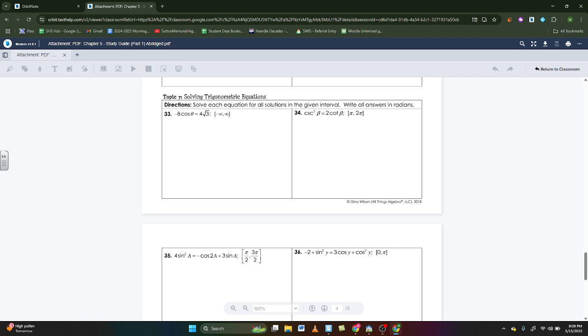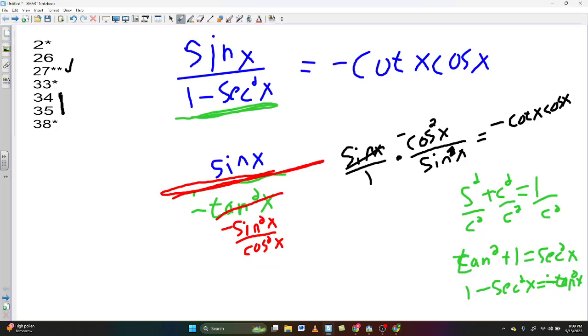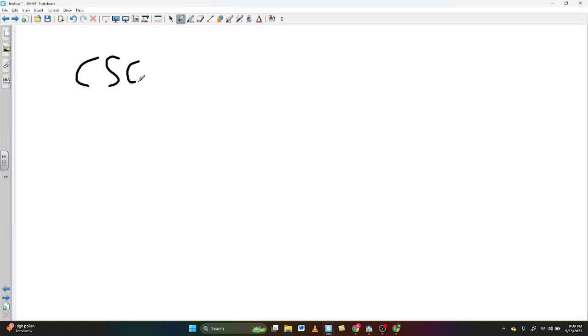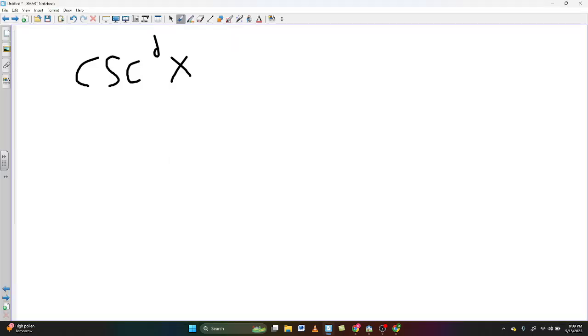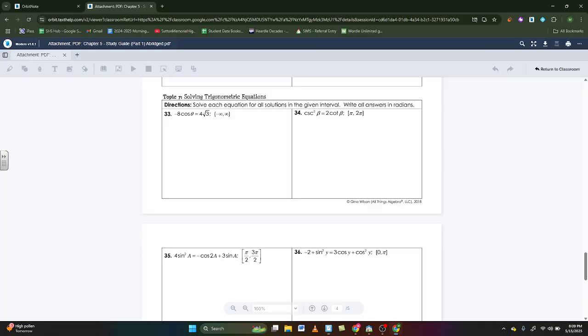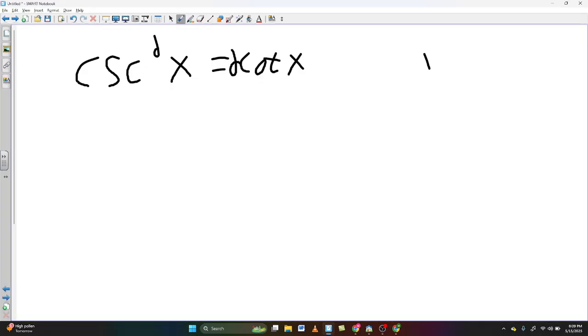So that's cosecant squared of x equals 2 cotangent of x, and we want to solve it on pi to 2 pi. This is just a rough recording because some people asked for it.